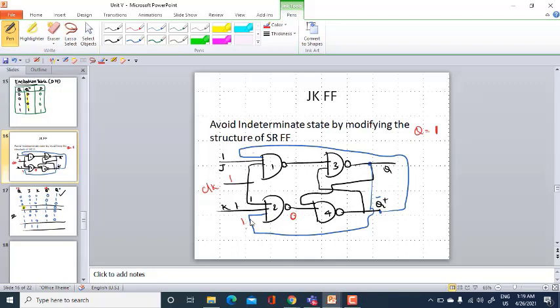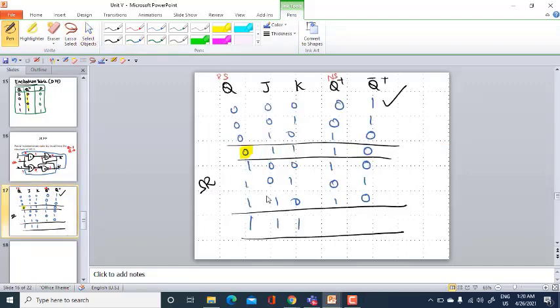And the previous complement Q bar is 0, connected here, so this is 0, this is 1. When this is 0, the output of gate 4 will be 1, and this 1 is carried forward, 1 and 1, this is 0. Now for 1 and 1, when the previous state is 1, your output is 0 and 1.